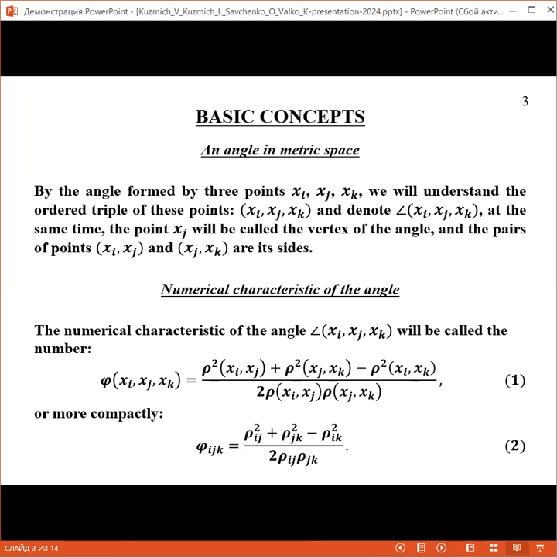At the same time, the point xj will be called the vertex of the angle, and the pairs of points xi, xj and xj, xk are its sides. The numerical characteristic of the angle xi, xj, xk will be called the number φ(xi, xj, xk), formula 1, or more compactly φijk, formula 2.